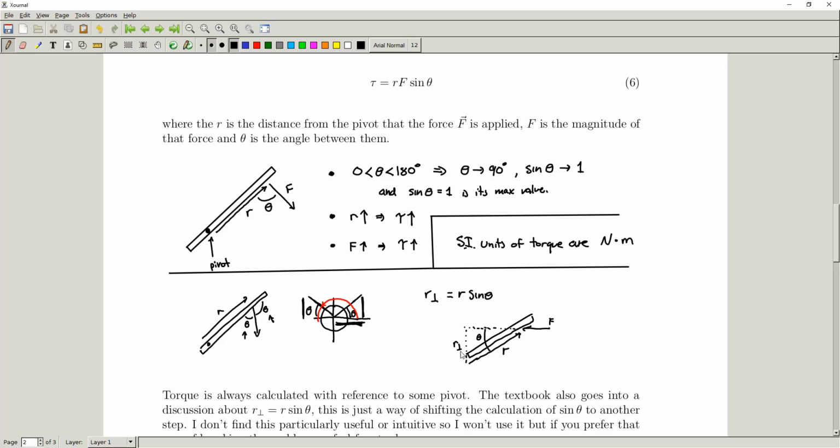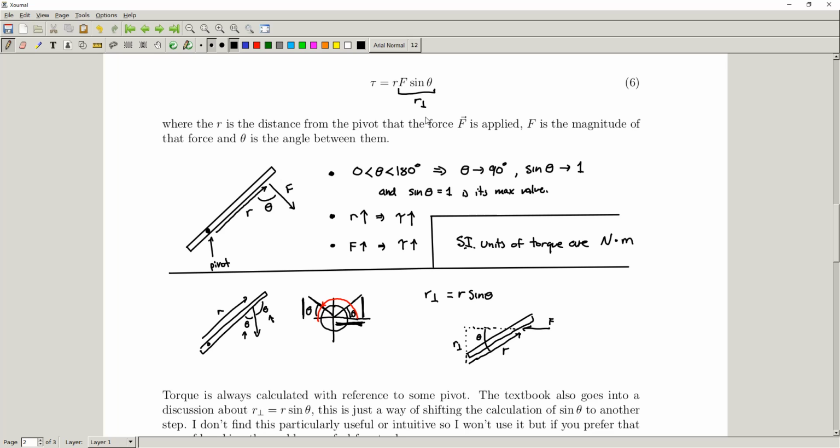This whole building of r perpendicular is just a way of separating out the idea of calculating r sine theta, because in the end all you're really doing to find r perpendicular is calculating r sine theta. So they break it up into two steps. They calculate r sine theta, they call it r perpendicular, and then they put it back into this tau formula up here, and they call this r perpendicular.